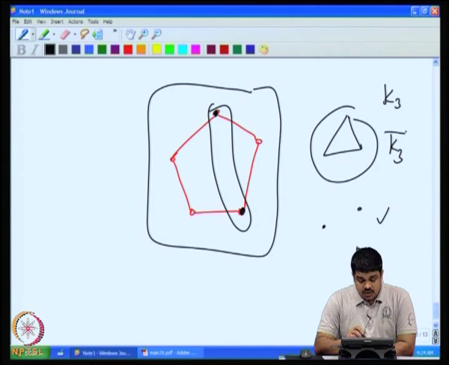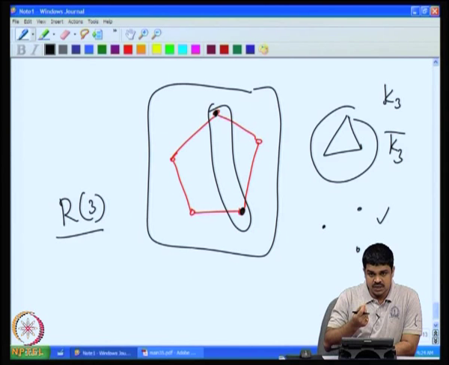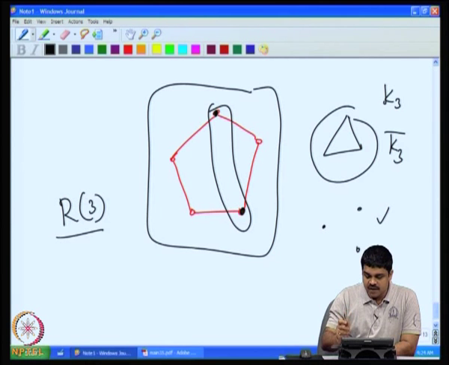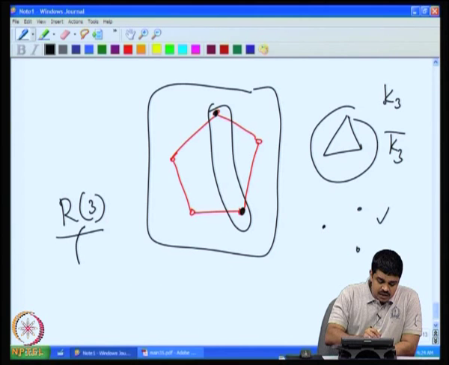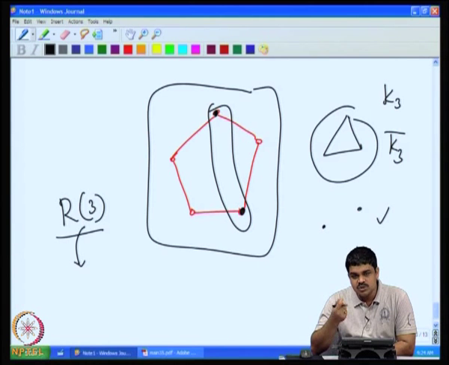So, when we say R of 3, we are interested in the smallest number such that from that number onwards, if the graph has so many vertices, it is always the case that either we have a K3 or a K3 bar, and for any number below this, we should be able to find at least one graph with the property that neither a K3 nor a K3 bar exists in it.